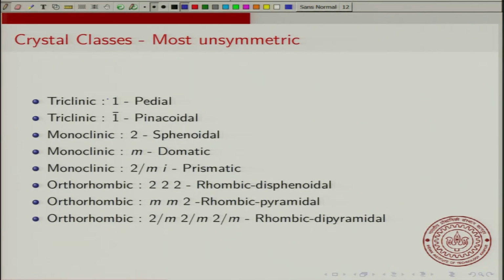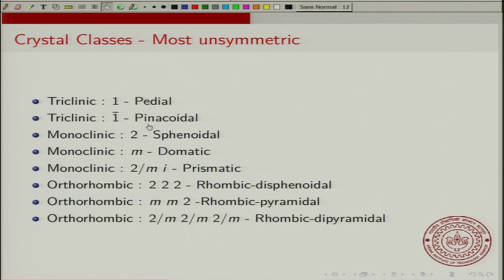If the only symmetry operation that is present is the identity, which basically means doing nothing, that means the crystal has no essential symmetry. Of course, it is a crystal, so the translational symmetry of the crystal is there, but there is no other symmetry in the crystal. Then that crystal class is referred to as the pedial crystal class.